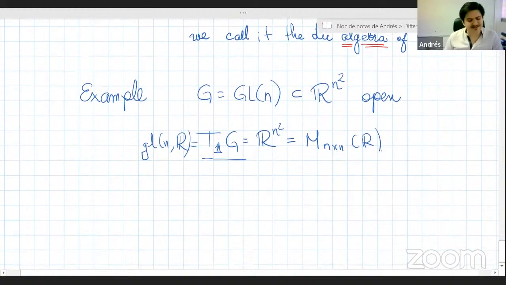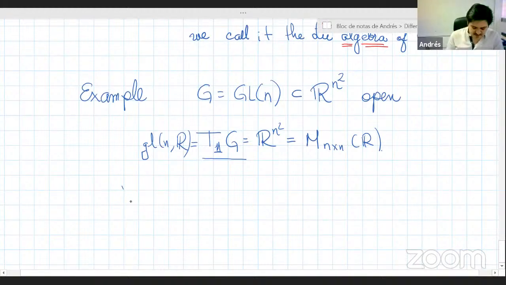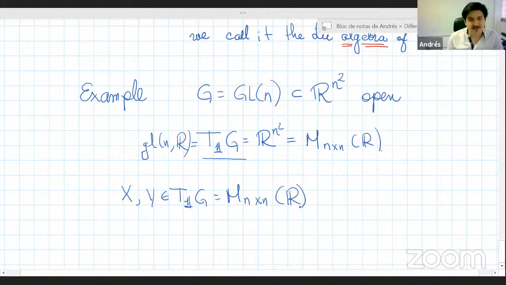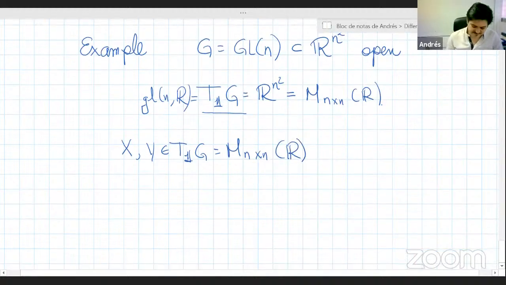What is the bracket? So you take two vectors. But here, remember that two vectors are matrices.